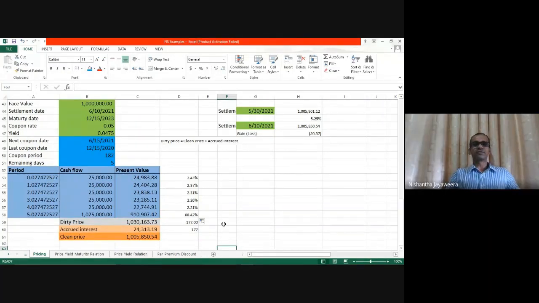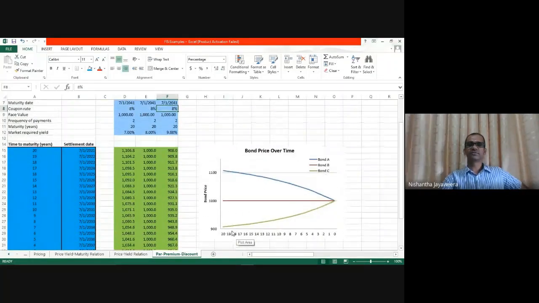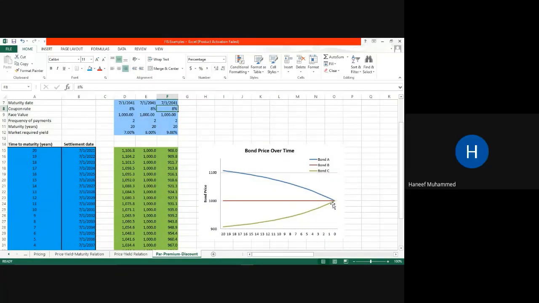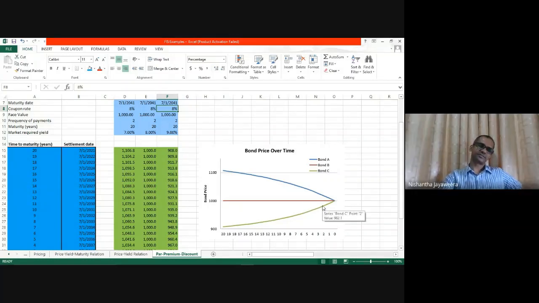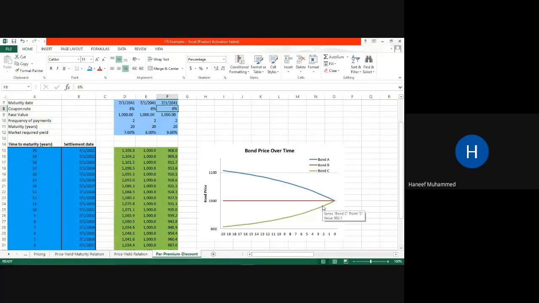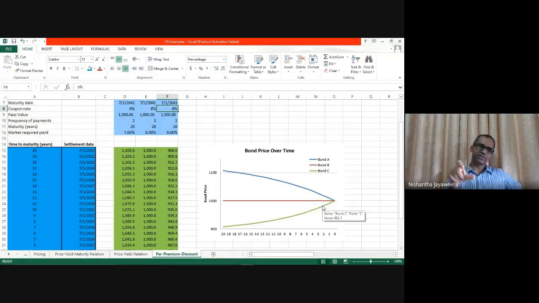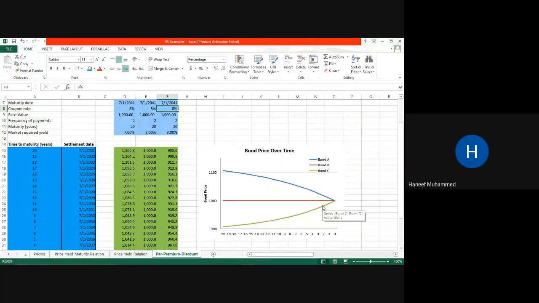Yes and no, both. Say if you bought it at a discount, when it comes to par, that's the gain that you get. So when you calculate the yield to maturity, that gain is also considered.